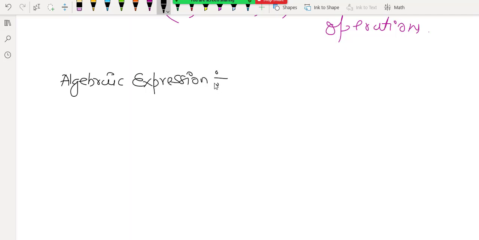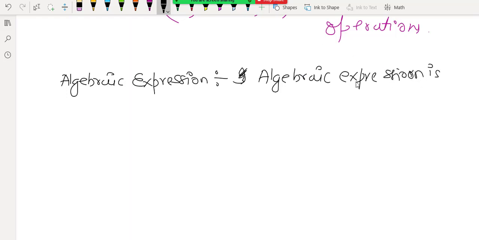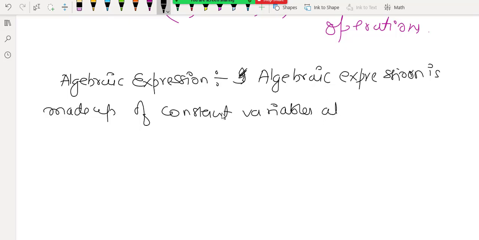Algebraic expression. So what is an algebraic expression? It is an expression which is made up of constants, variables, along with fundamental operations.